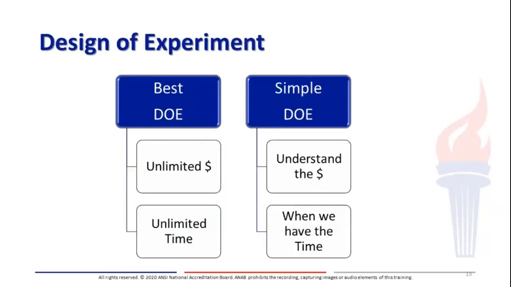In the development of uncertainty, there's a design of experiment that we have to understand. There are two different sides. The best design of experiment, we have unlimited money and we have unlimited time to go through and analyze data. We've got the ability to go out and get the best equipment because that's the expectation that our customers have.